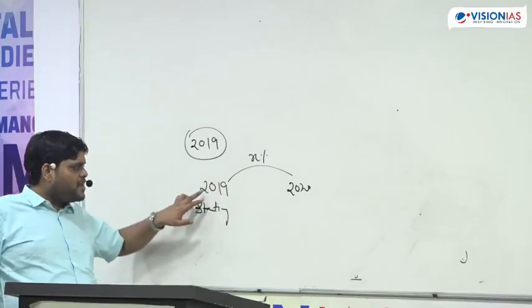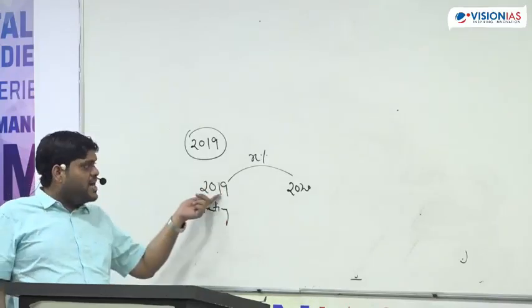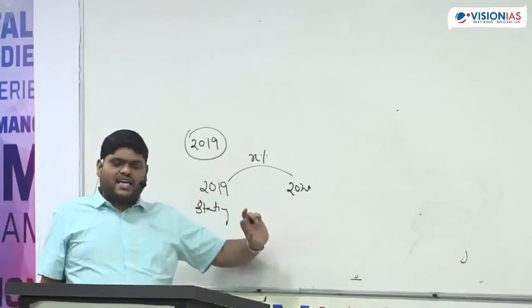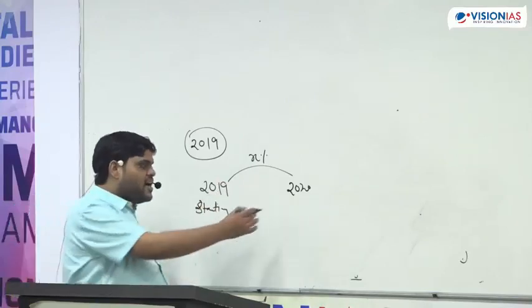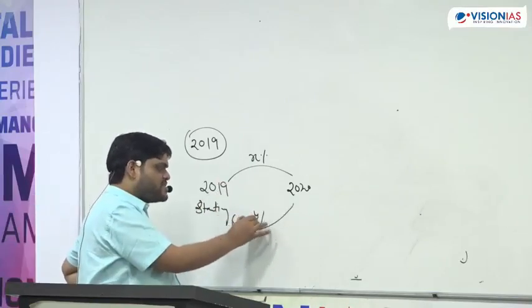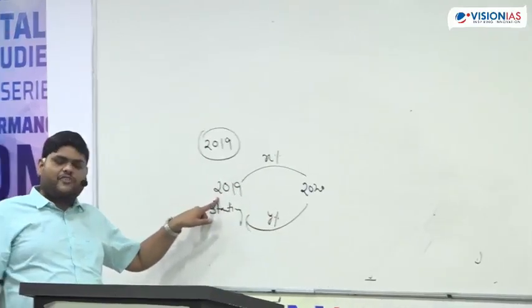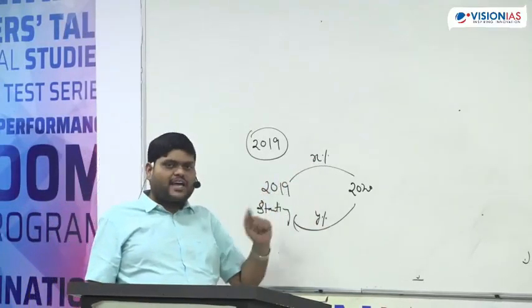So what happened? 2019 is starting, some population was there, that will increase by X%. So in 2020, what happened? The population decreases Y% in such a way that now it is equal to the population at the starting of 2019. So the question was whether X will be more than Y or what.